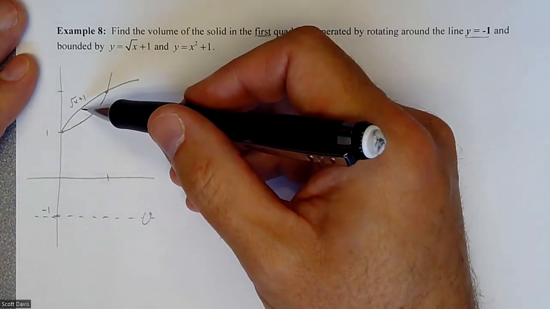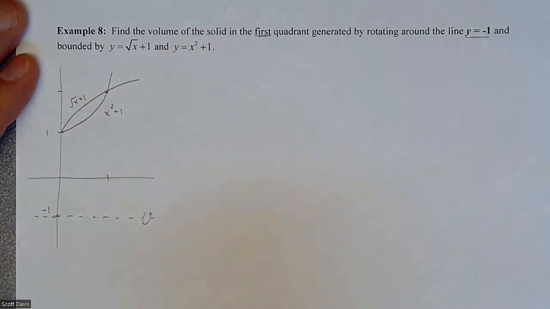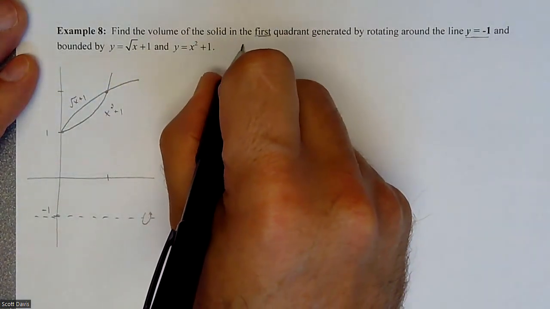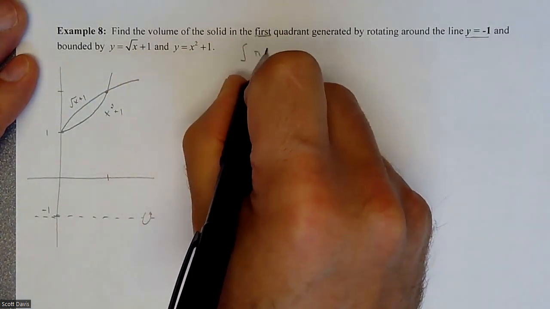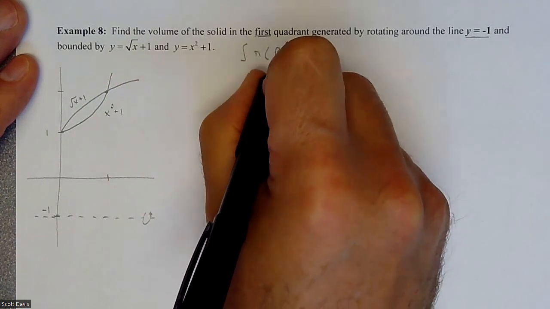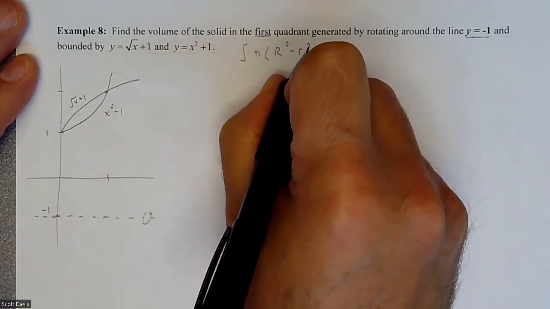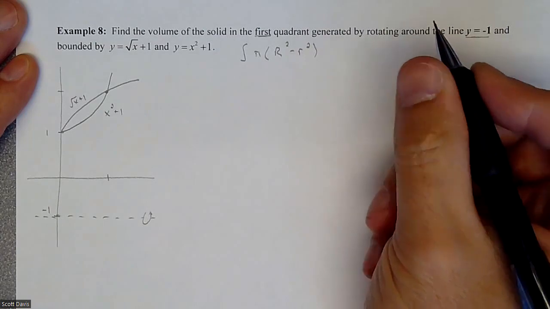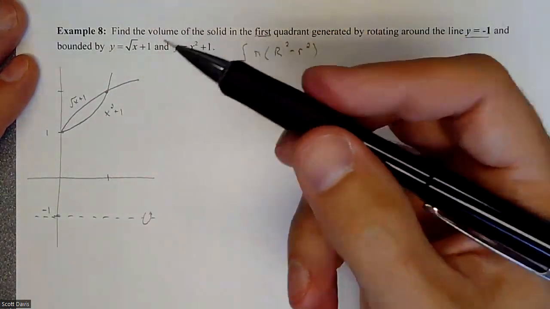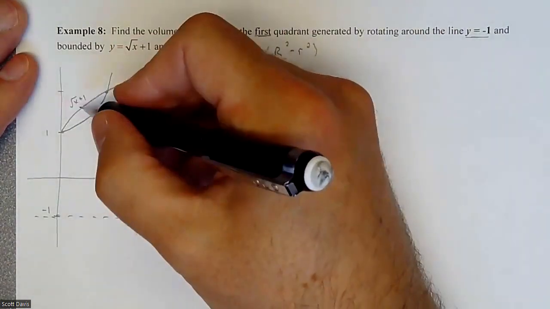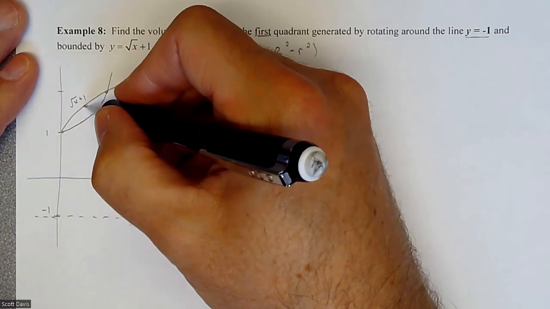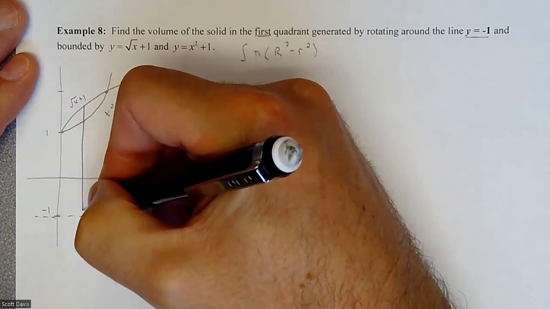So what I need to figure out is the big radius squared minus the small radius squared, and it's dependent upon where we would be rotating it. The big radius is going to be from here all the way down to here.